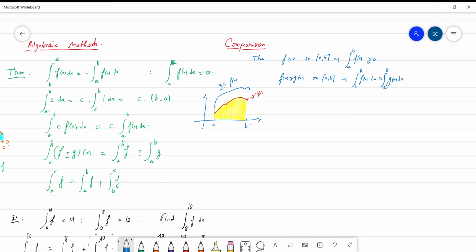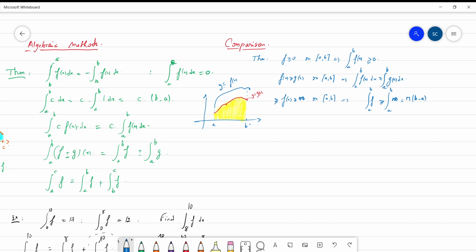In particular, if you compare f with a constant function on [a, b], then the area under f is greater than m times (b minus a). Since m is constant, it's a rectangle with area m(b minus a). If f is greater than a lower bound, small m, the area is greater than small m times (b minus a).